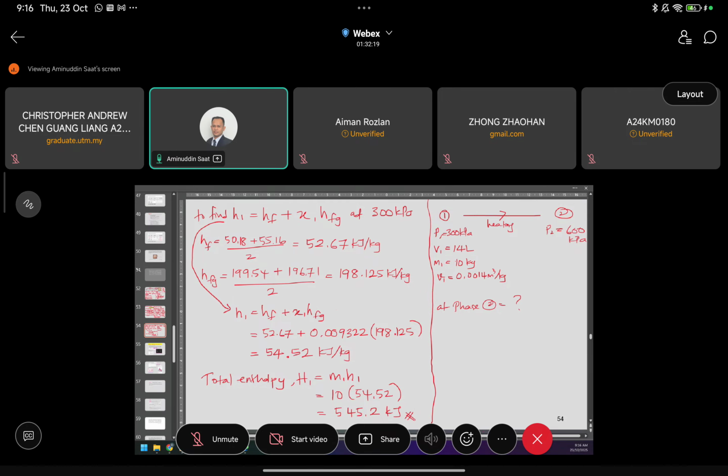So same thing like phase 1, we need another intensive property. What is the information that you can extract from the problem?